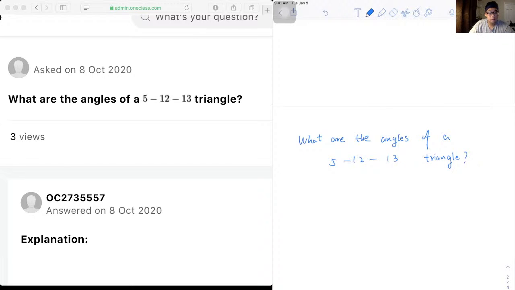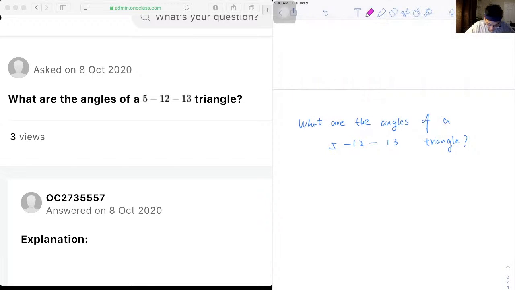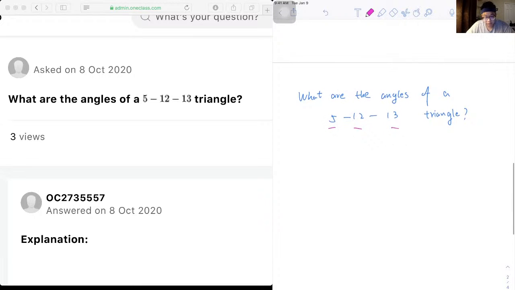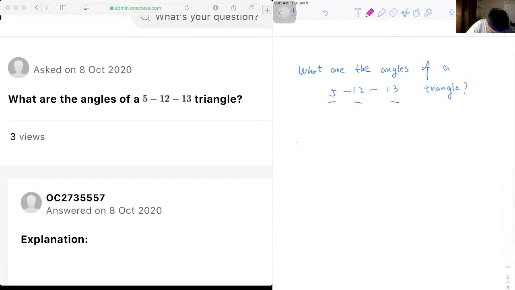Okay, so first we need to know that 5, 12, 13 are just the side lengths of the triangle, where 13 is the hypotenuse, 12 is the long leg, and 5 is the short leg. Given the three sides of the triangle, we can solve the angles using the cosine law. So let's write it here.